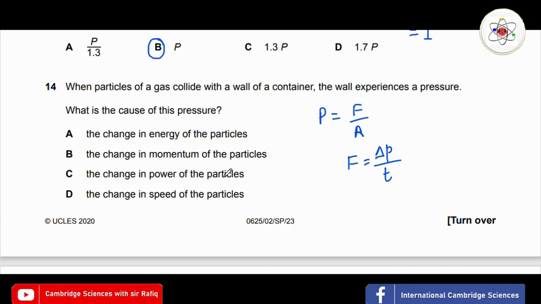So particles are colliding, and after collision obviously they change their speed, and as the speed of particles changes, their momentum also changes, resulting in an increase in force. When force increases, pressure also increases, since it has a direct effect on pressure. So our answer should be B, the change in momentum of the particles, right?